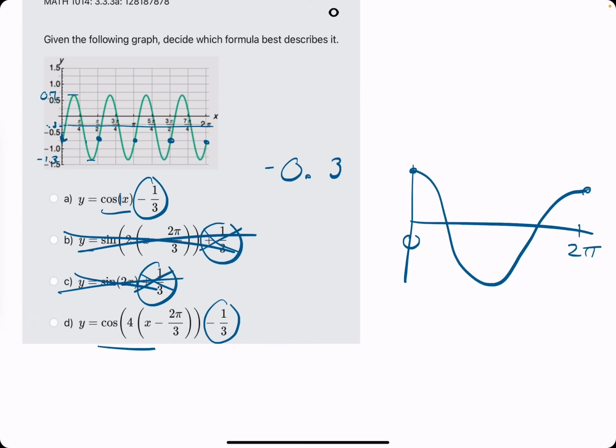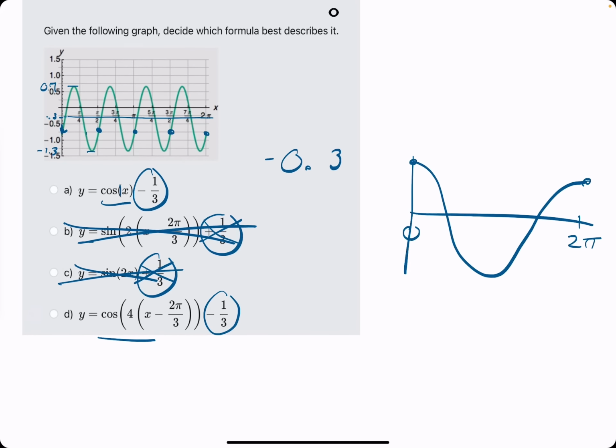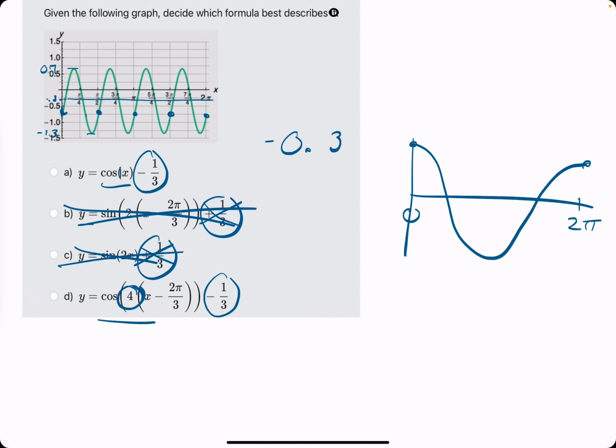So it's completing 4 periods in the same time it originally completed 1. So this 4 is making it go 4 times faster. That's why its period is 4 times shorter. Hope that makes some sense.